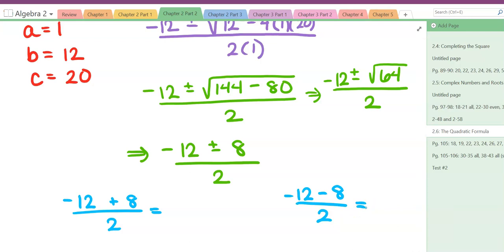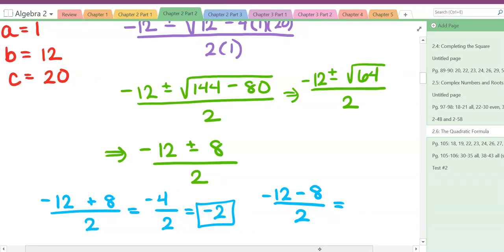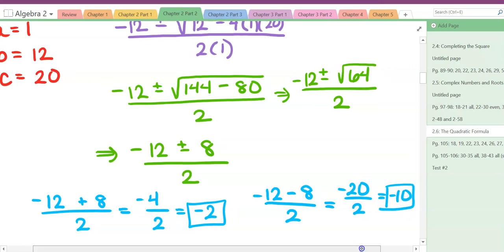So if I take negative 12 plus 8, that's negative 4, divided by 2 is going to give me negative 2. So there's one answer. If I take negative 12 minus 8, that's negative 20. Divided by 2 is going to be negative 10. So there's my second answer. So negative 2 and negative 10.